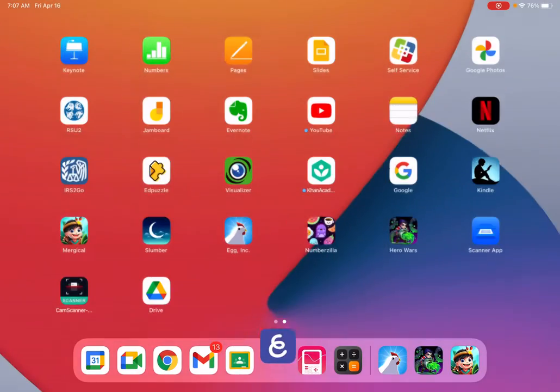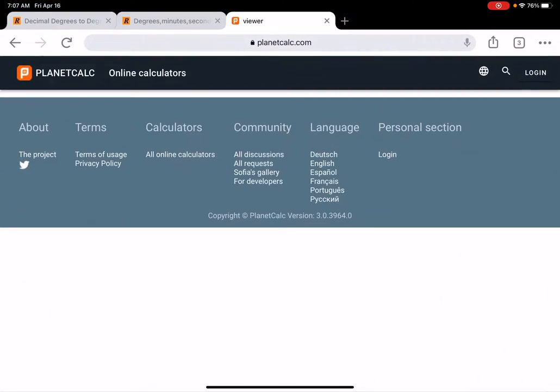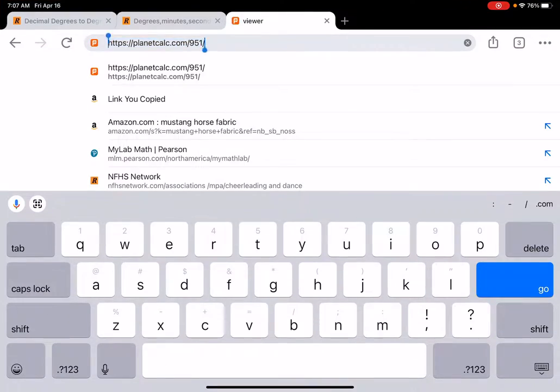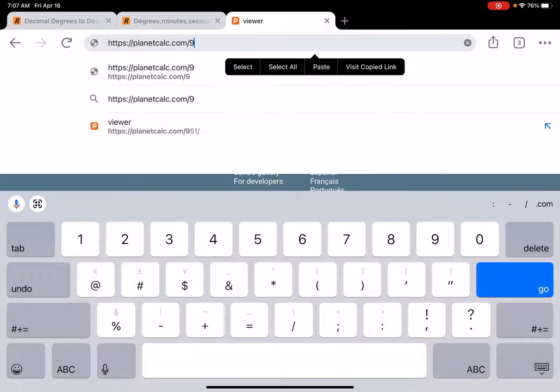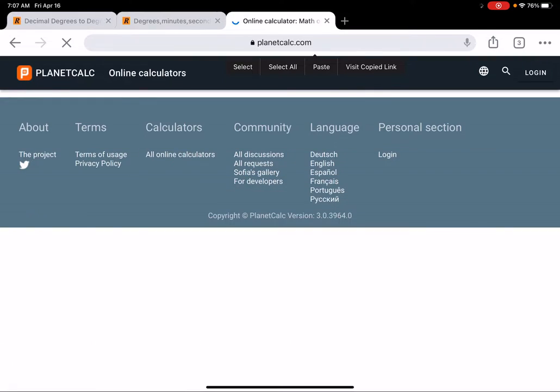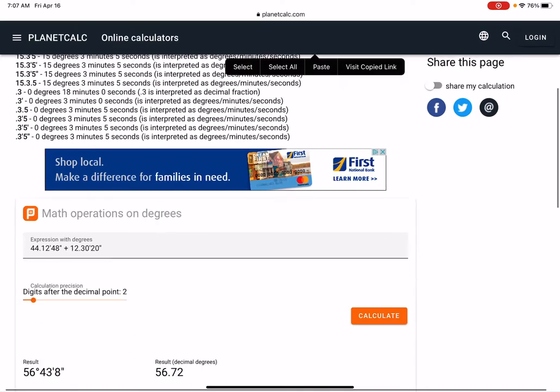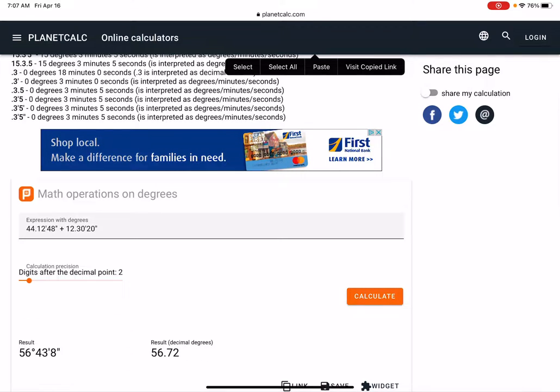Okay, 915. It would help if I typed the right numbers. Enter. Then we scroll down and we can just do the adding and subtracting right on here.